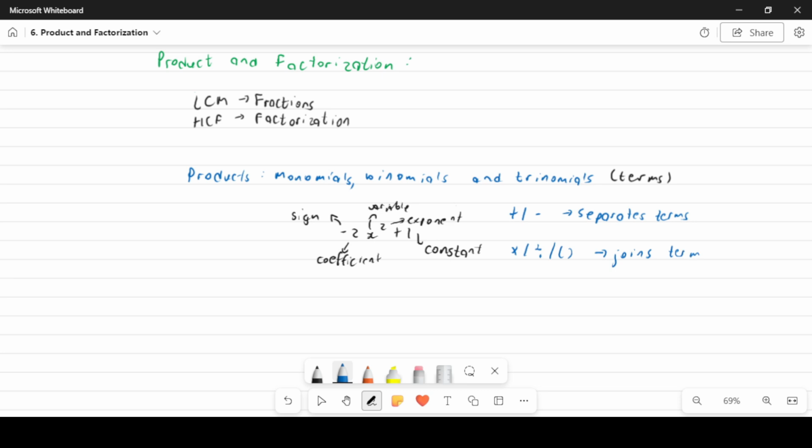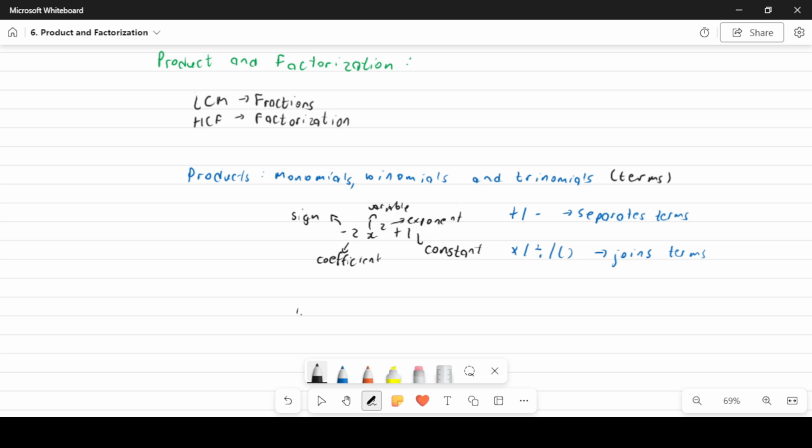Now I must remind you that this will become very important when we start discussing binomials, about the whole idea of grouping terms, right? Okay, so let me give you an example of a monomial, a binomial, and a trinomial. Then we can extend our discussions to the products between these, right? Between two monomials, between a monomial and binomial, and a monomial and a trinomial. Right? So then we can start extending our discussion and then go back to factorization.